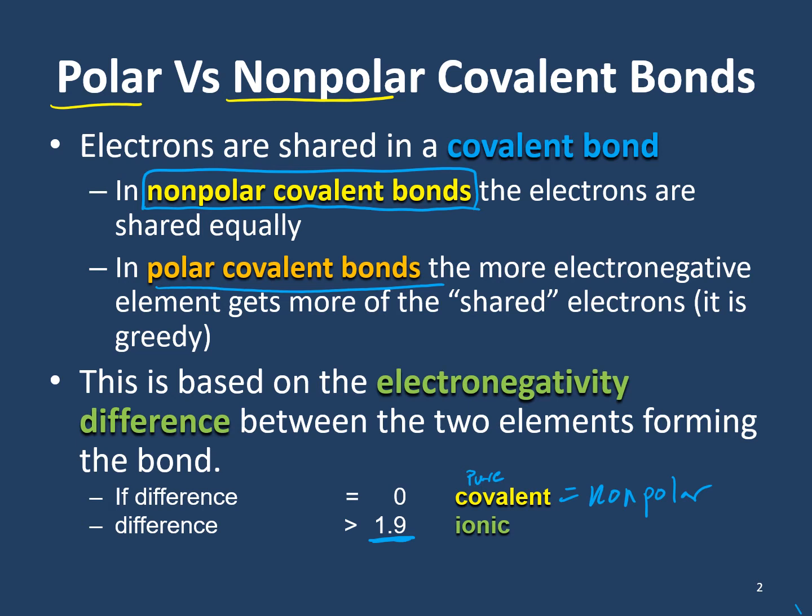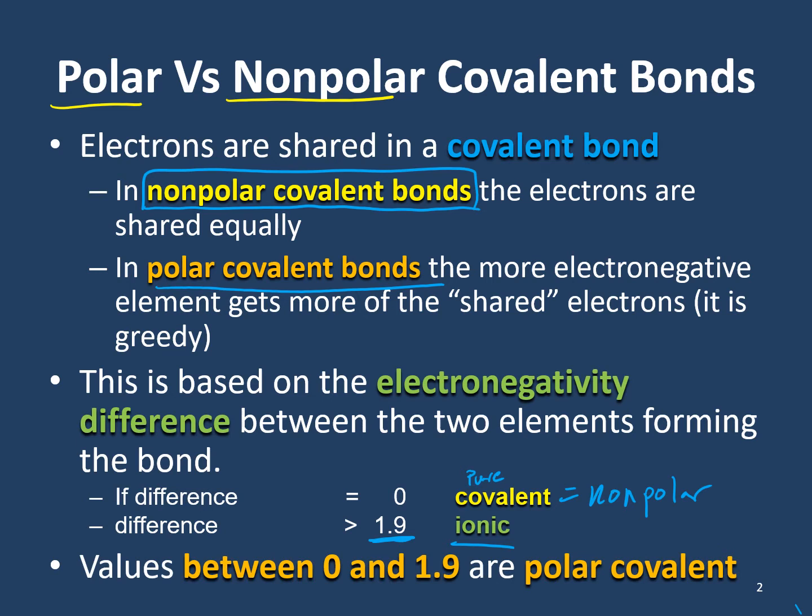This basically means you're not sharing your electrons at all. The electrons are being transferred, and this is an ionic bond. But if we're in between these two, usually I'm putting here as 0, but technically it's really 0.4 to 1.9, it's a polar covalent bond. Electrons are being shared still, they're just not equally shared.